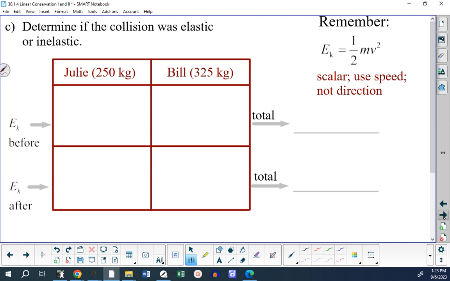And in the last row, you're going to find Bill's kinetic energy after. And if you're joining us remotely, you pick one and do the calculation. I've got the masses up here. You might have to hunt around for the speeds, and I want you to use the unrounded answer of 1.55.